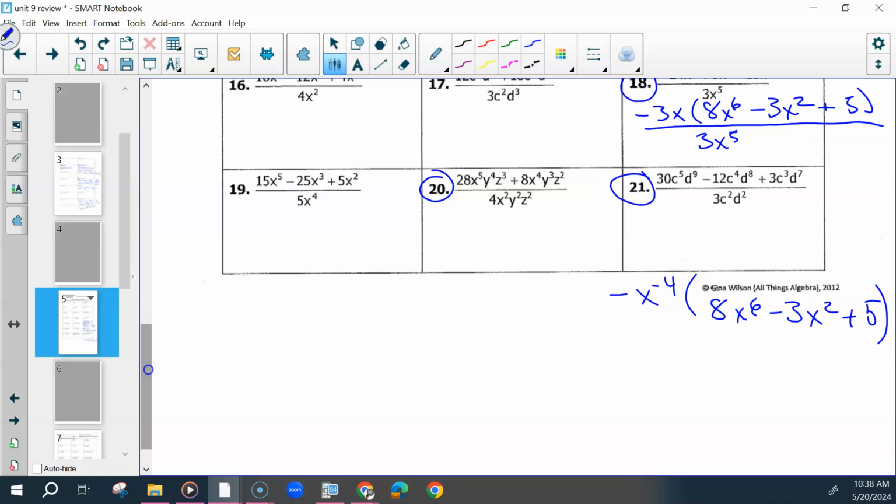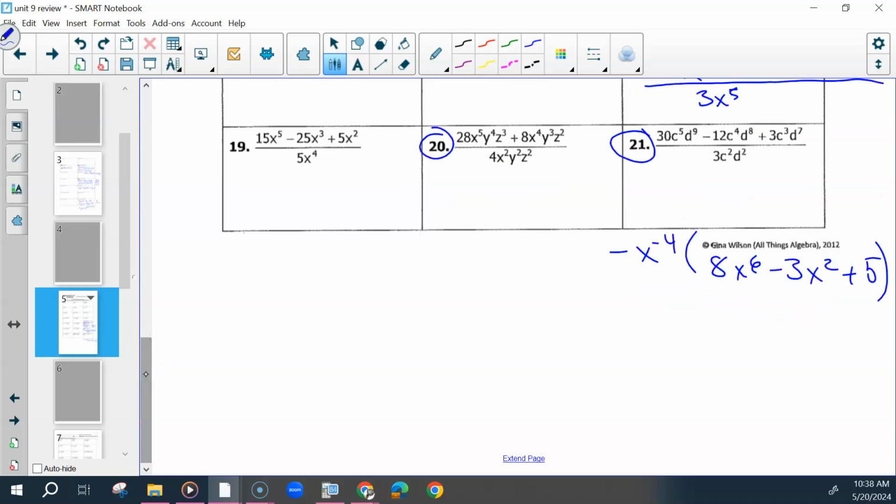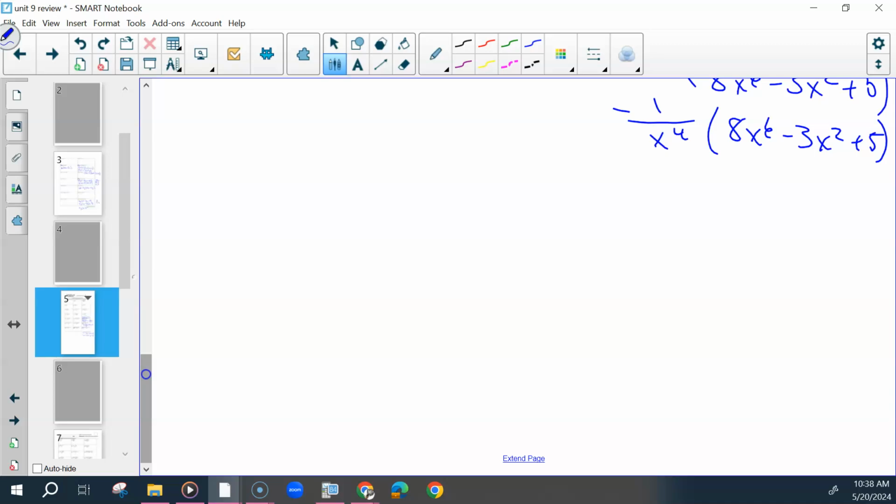And then because I have something left outside, I have to, 1, change this to a fraction, and 2, distribute that back out. So change it to a fraction first, distribute it to each term. I'm just going to rewrite it first, and then we can simplify.